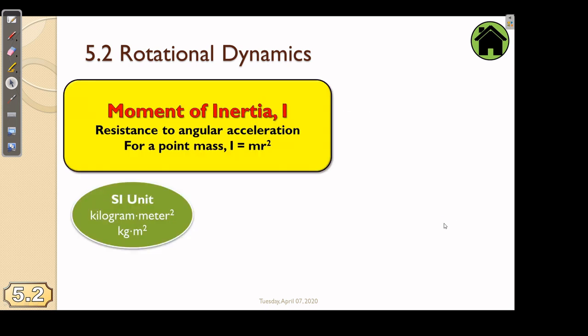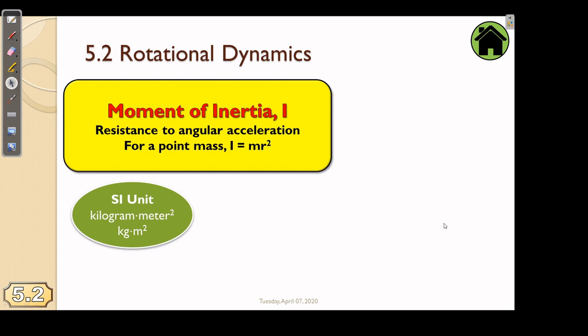All right, so now we're going to talk about moment of inertia. Moment of inertia is to rotation as mass is to linear acceleration. In other words, you can think of it as the resistance to a change in rotation. It is largely dependent on how the mass in an object is distributed.